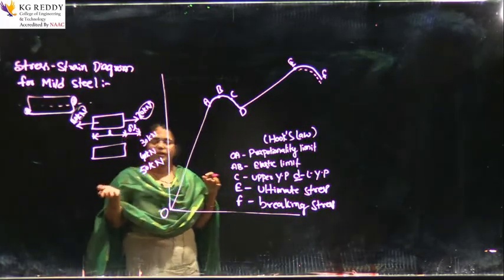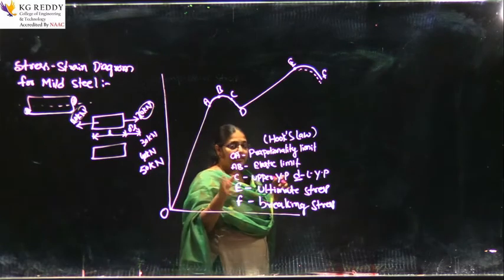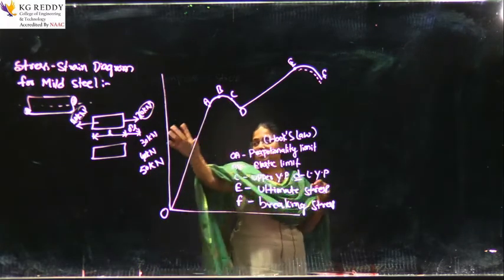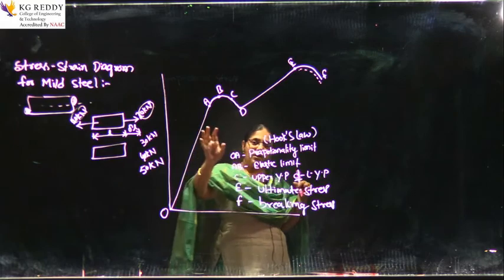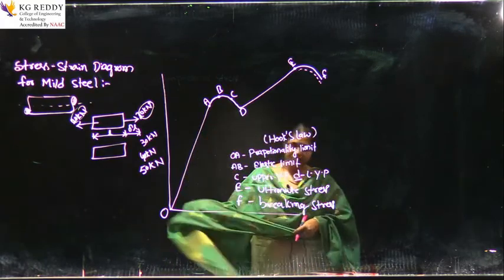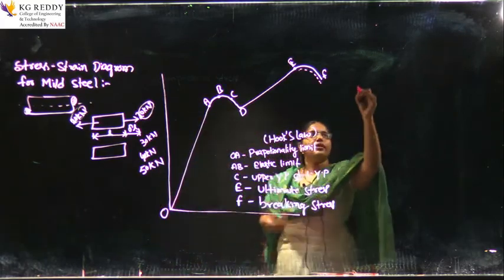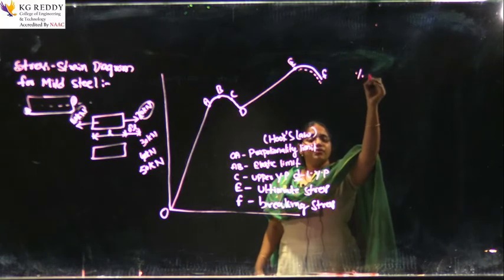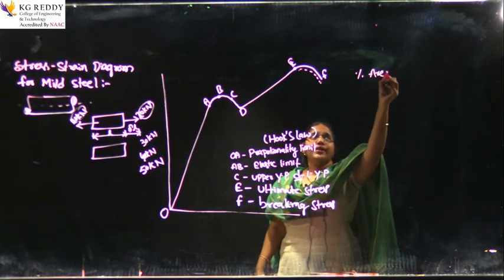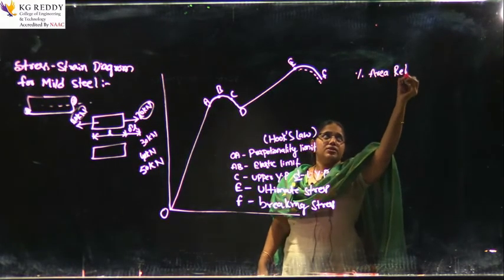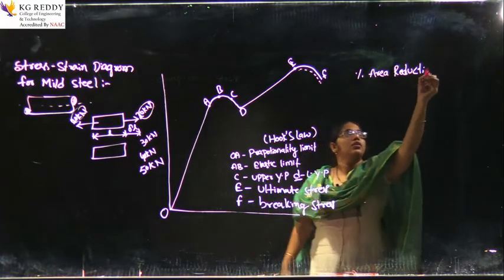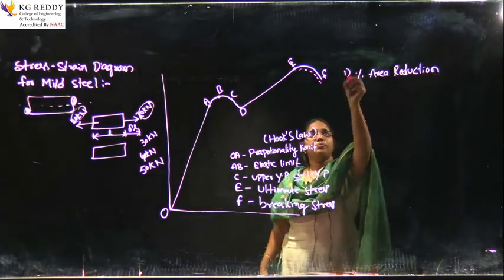From this graph, from this test, we can calculate how much percentage of area is reduced. So area of reduction we can calculate. This is one point.